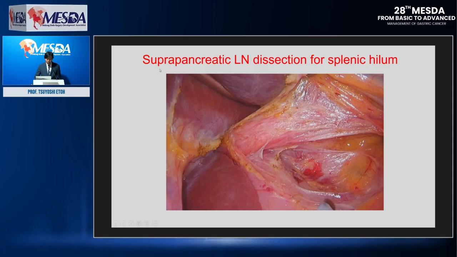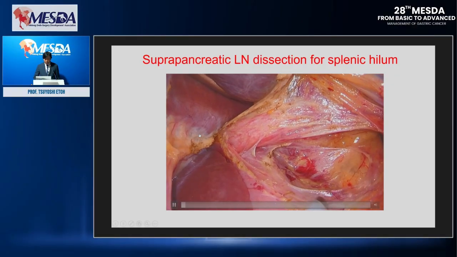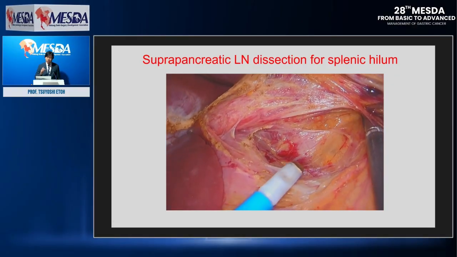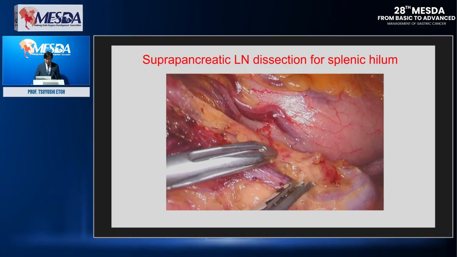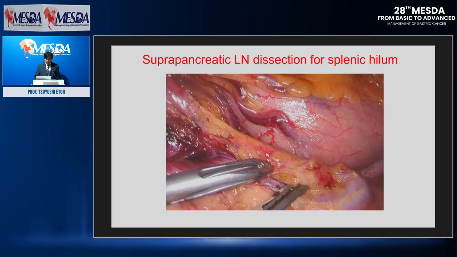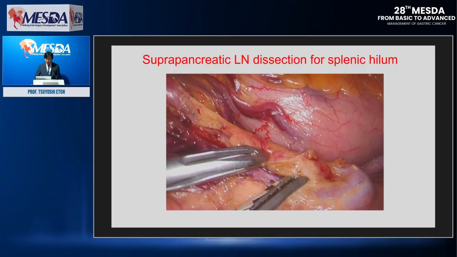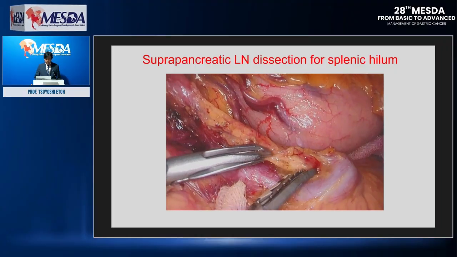So next, the suprapancreatic lymph node dissection. This case is advanced gastric cancer located in the gastric upper body. The lymph node dissection is continuous along the splenic artery like this.